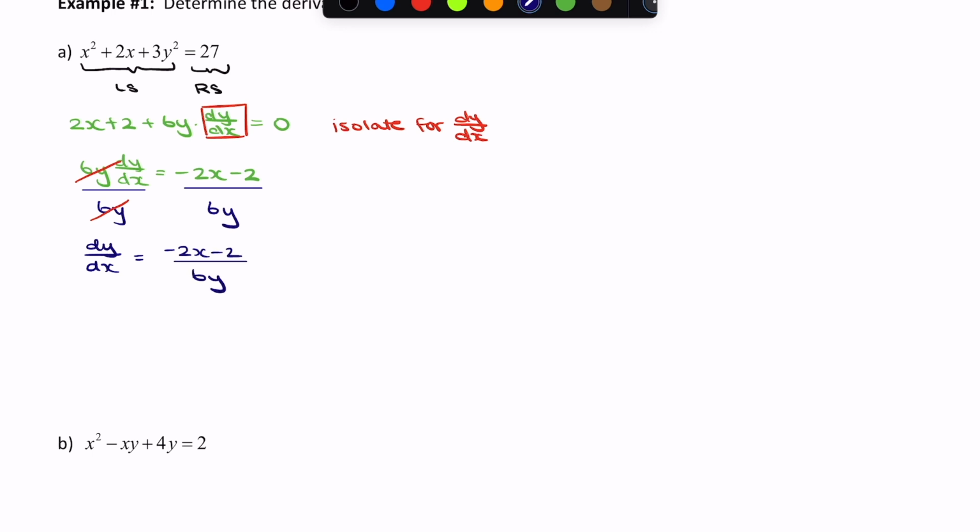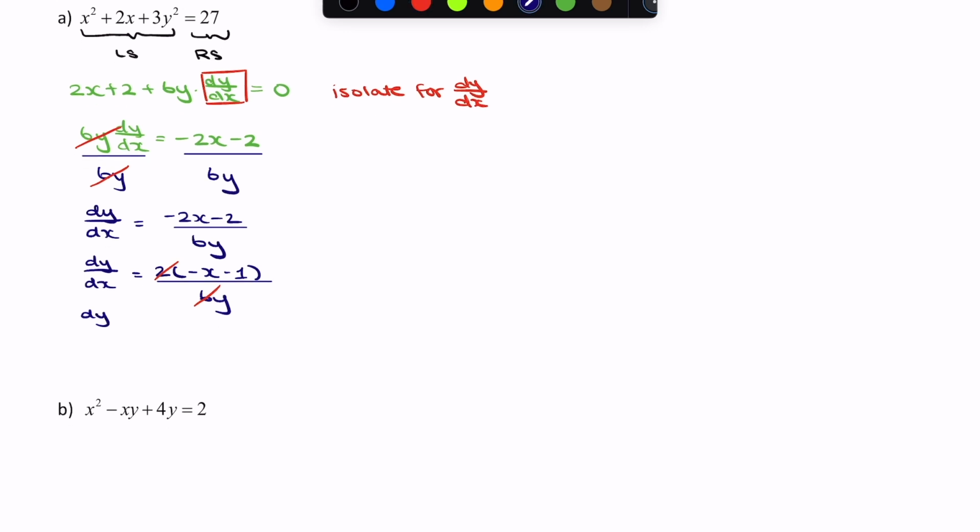Here we can take out 2. If we take out 2 from the top, we're left with negative x minus 1 over 6y. The 2 and 6 can simplify, so we're left with dy over dx is equal to negative x minus 1 over 3y.